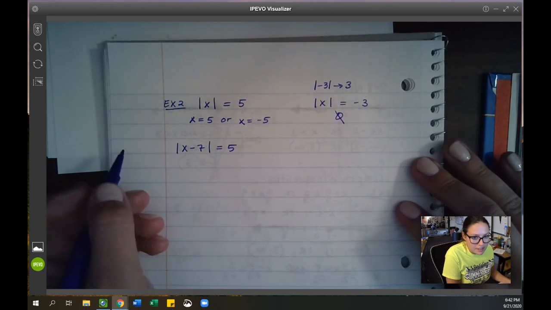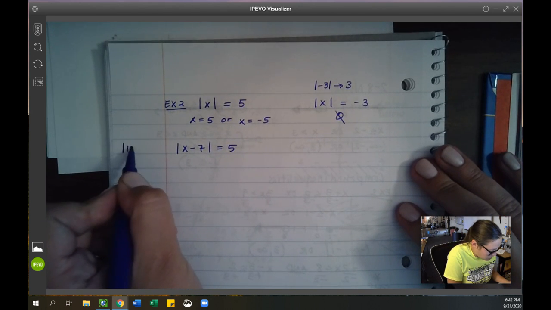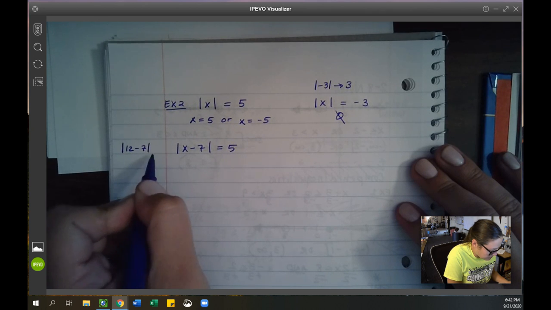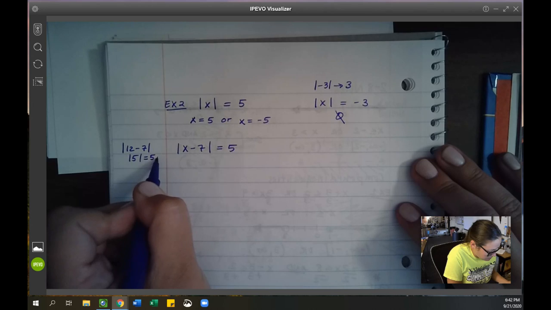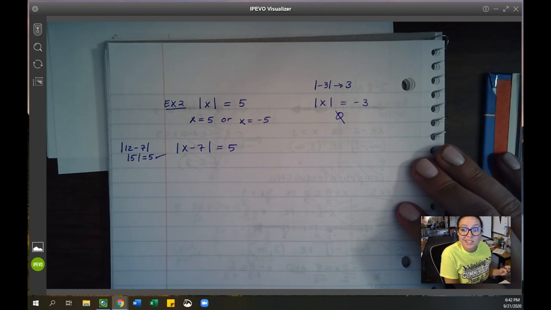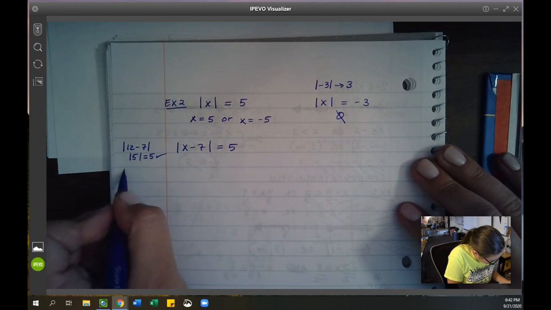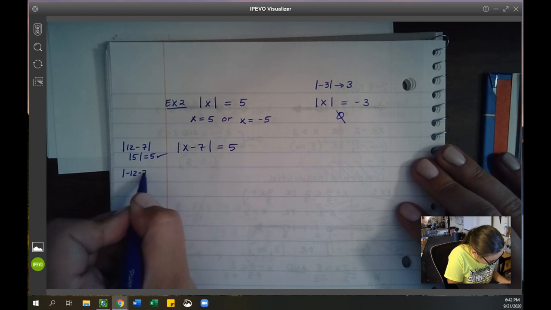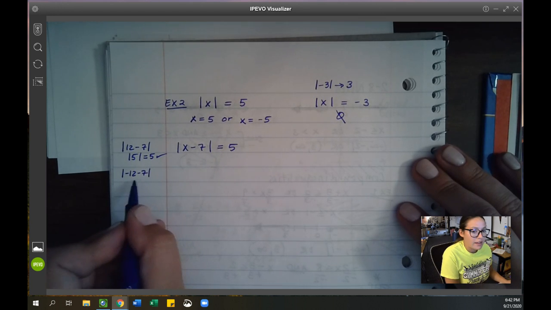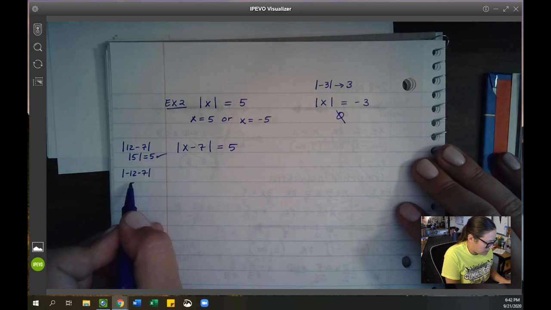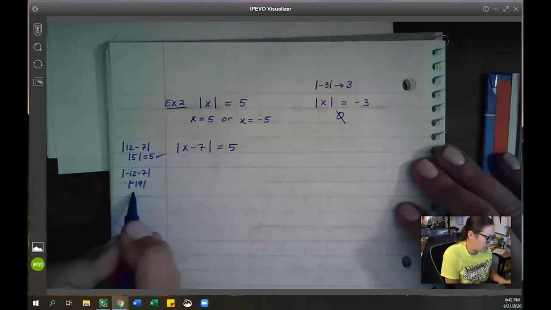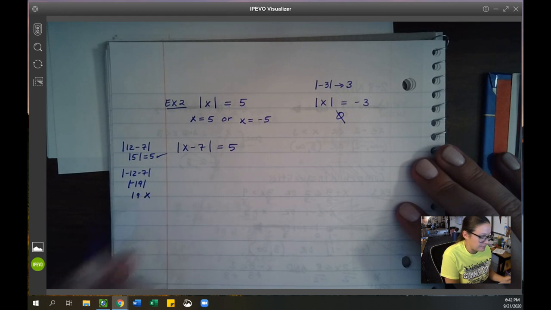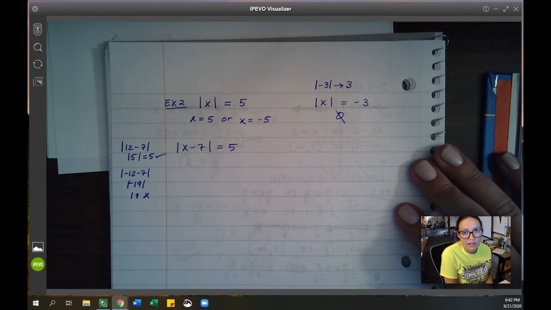So let's test this out. 12 minus 7 gives me 5, which is 5. That checks out. Let's try negative 12. Negative 12 minus 7 gives me negative 19. And the absolute value of negative 19 is 19. That's a no, right?